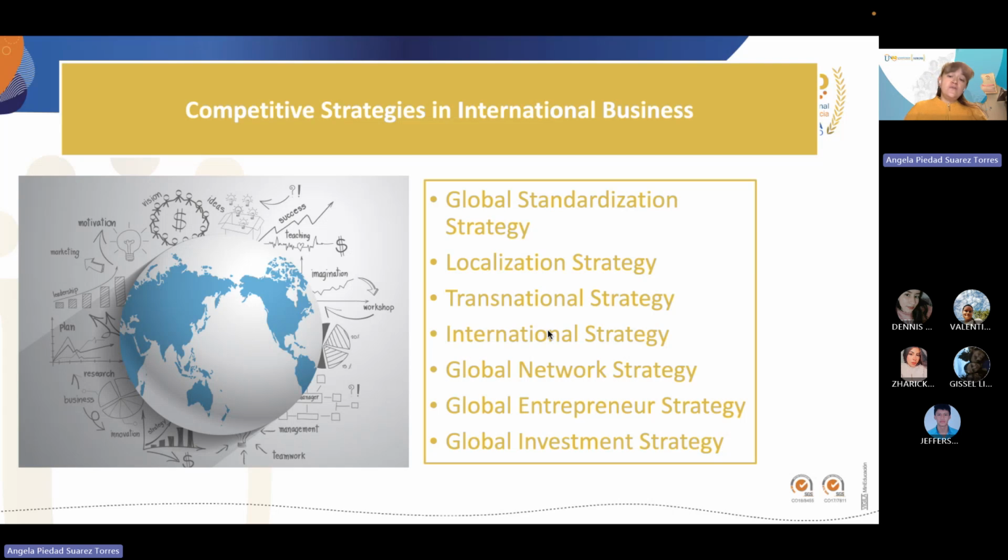An example of this global investment strategy is Toyota, which builds manufacturing plants in various countries around the world to reduce costs and cater directly to local demand.